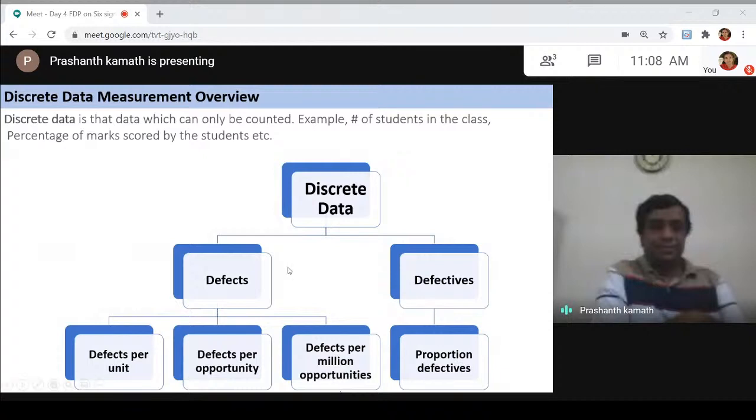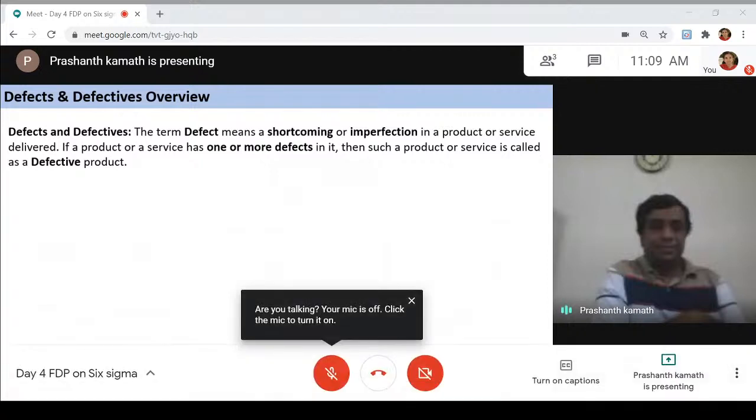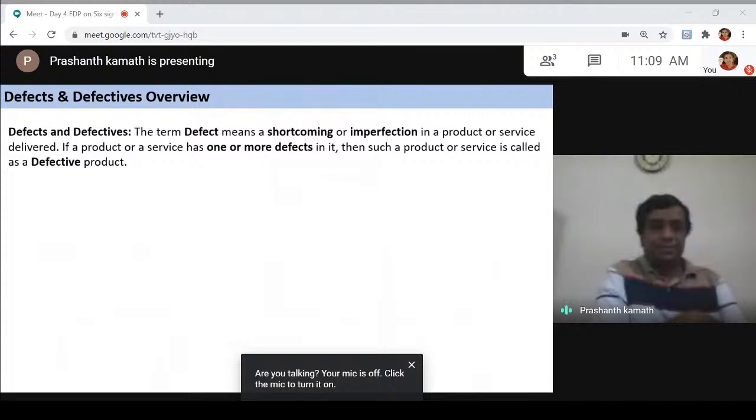So first we'll cover defects, under which we will first talk about defects per unit, then defects per opportunity, and finally defects per million opportunities. Okay, let's get into the next slide. First, let's try to understand what is defect and defectives. In the previous slide, you saw one box which read as defective, right?